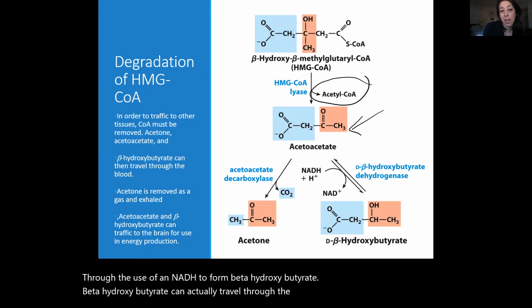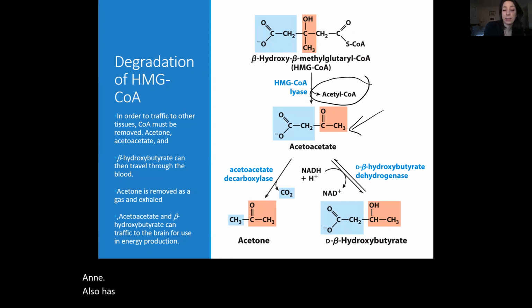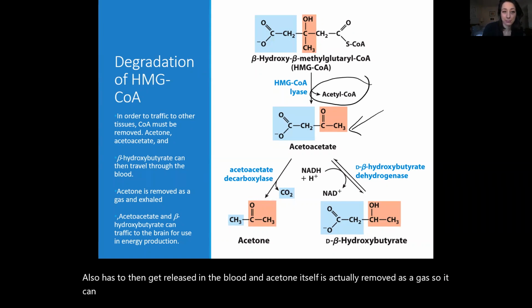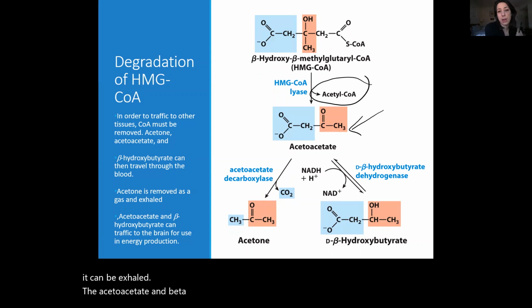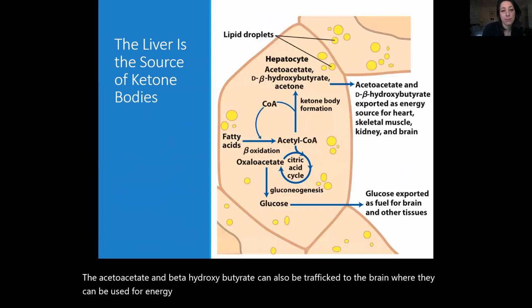And just to note, any of that CO2 that is removed to make acetone also has to then get released in the blood. And acetone itself is actually removed as a gas, so it can be exhaled. The acetoacetate and beta hydroxybutyrate can also be trafficked to the brain, where they can be used for energy production in the brain.